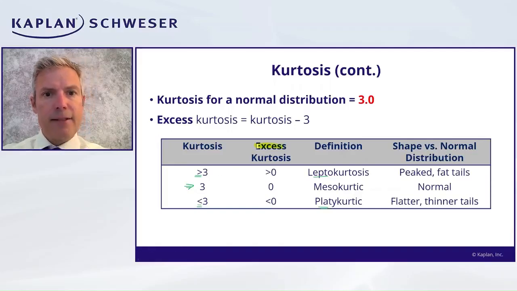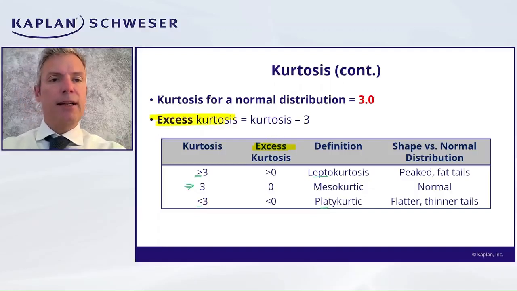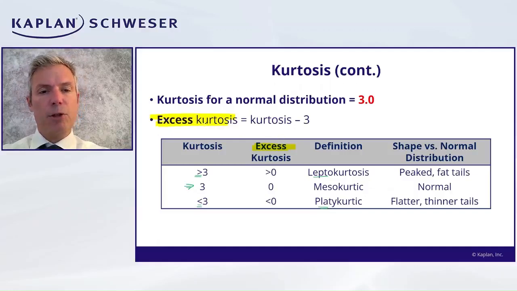Just the word excess can turn everything on its head. Excess kurtosis is kurtosis minus 3, because with excess kurtosis we're talking about kurtosis relative to the normal distribution. So you've got to know whether that word excess is there or not, because a kurtosis of 1 is platykurtic, but an excess kurtosis of 1 is actually leptokurtic. So be very, very careful with that.